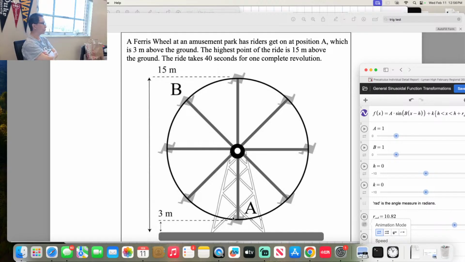I'm thinking it works. Why would it say that? Oh, because of the 3, right? It's not three. You said 9. I think 9 makes more sense. 3 and then 6.